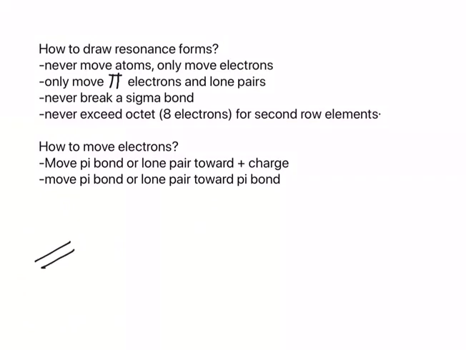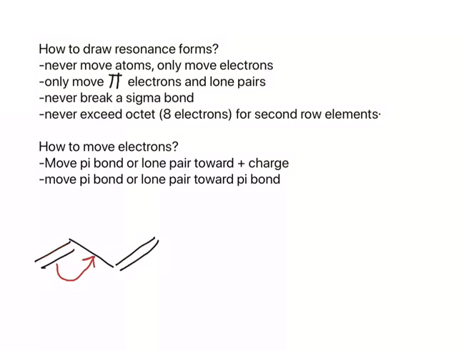We can also move a pi bond toward another pi bond, or a lone pair toward a pi bond. For example, we have this compound. We can move a pi bond toward a pi bond. And again, the pi bonds should be on adjacent carbons. You cannot have an sp3 carbon in between.